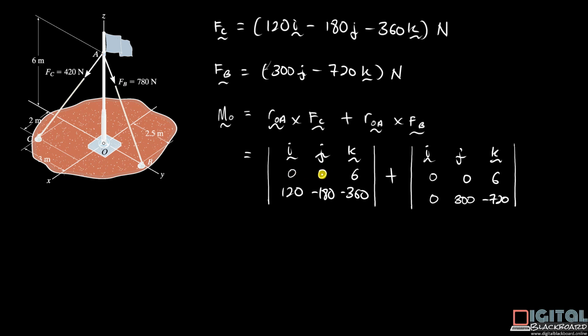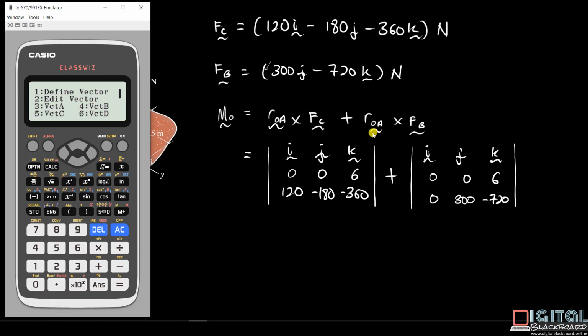But nevertheless, I will show you how you can use a Casio calculator to compute the determinant. We first define the position vector ROA, 0, 0, 6. So we define vector and we store this into a vector A. So dimension is 3, 0, 0, 6.